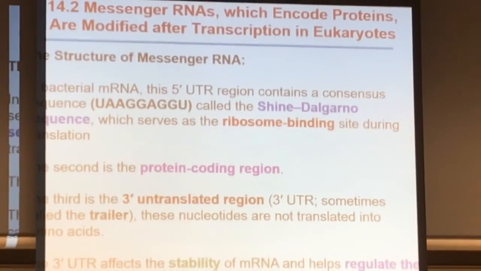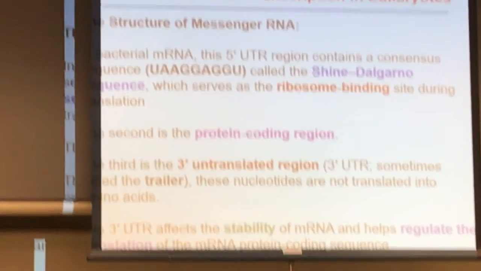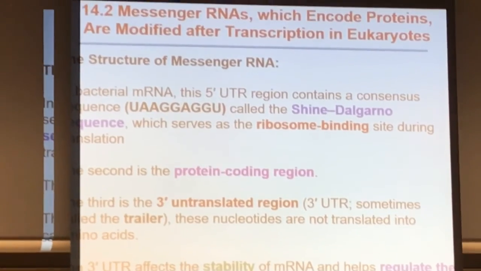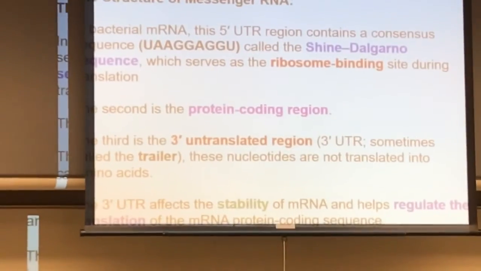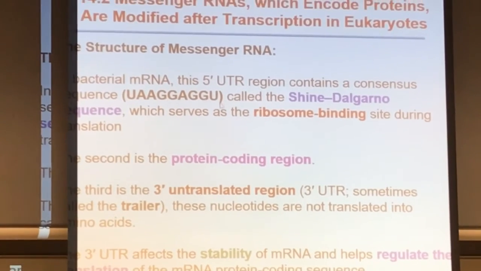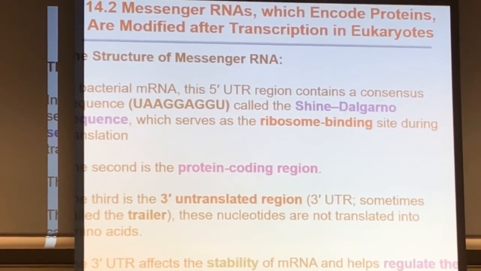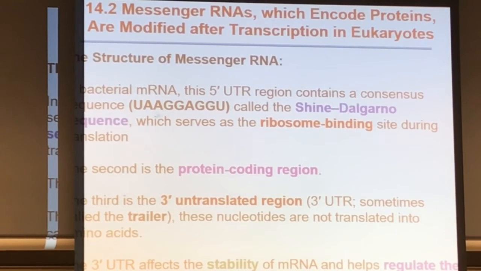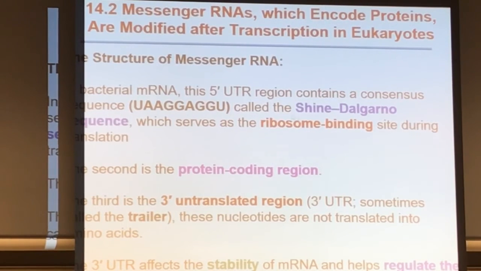These sequences are conserved from species to species, and transcription factors, which are proteins, and RNA polymerases can bind those consensus sequences. Like that, in bacteria, the Shine-Dalgarno sequence, which is shown here as UA, GGA, GGU, you don't have to remember the sequence, but this sequence is recognized by the ribosome, and the ribosome binds on it.